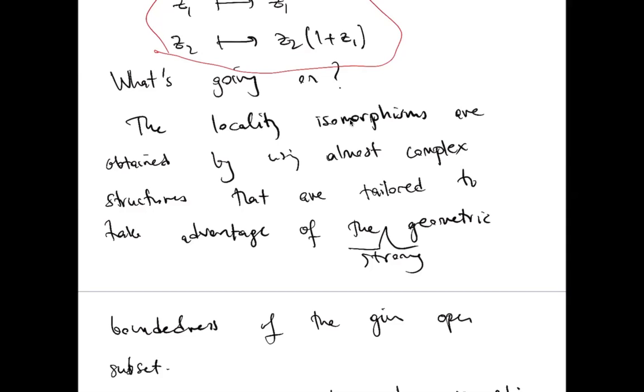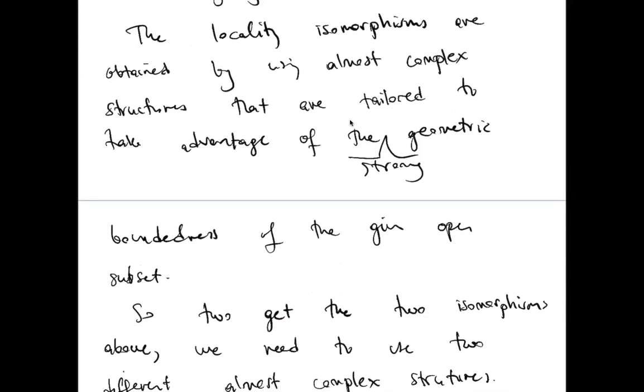I'm choosing a J that's very infinite at the boundary, as I try to leave this open subset. The J is as if I'm inside an infinite cone, so I cannot leave this region without spending infinite energy. But because I have to make these two different choices, in order to relate them, I have to choose a one-parameter family of J's between them.